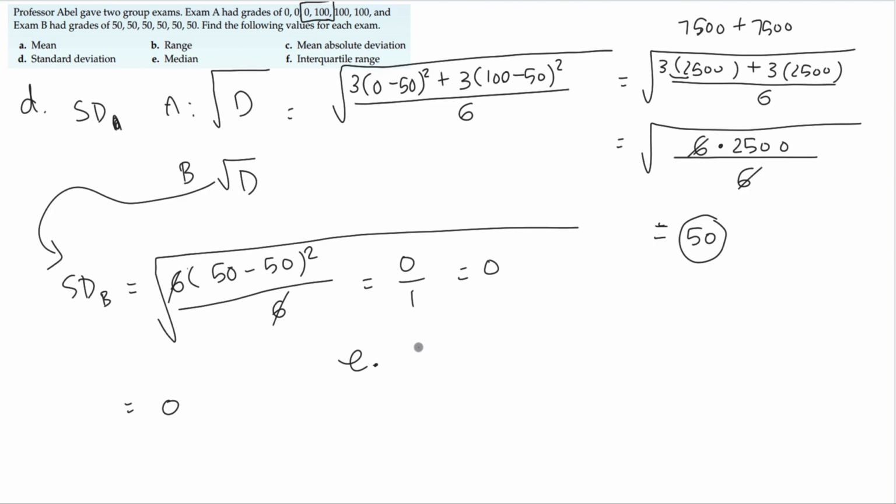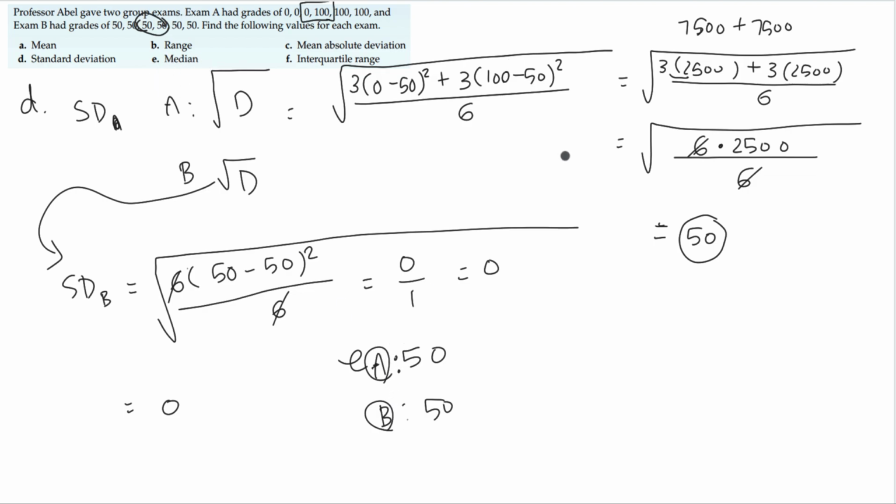That's 50. So 50 is the median for exam A. How about for exam B? Well, every value is the same, so the mean of 50 and 50 is also 50. So yes, the median is also 50 for both of them.